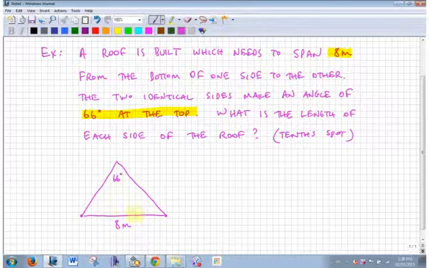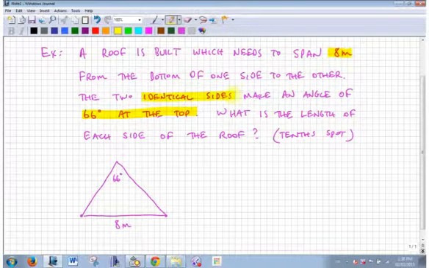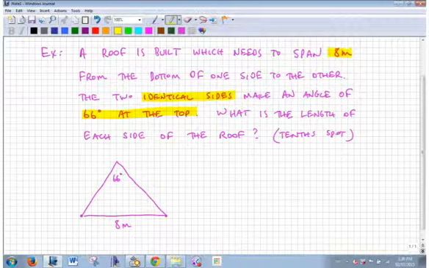Any other numbers in this question? Nope. But I do know each side is identical. So what kind of a triangle is that? Isosceles. All 3 sides are equal. But how do we know that couldn't possibly be an equilateral triangle?